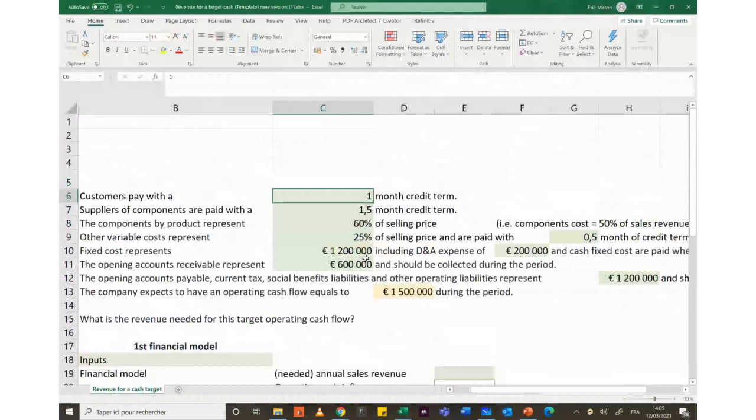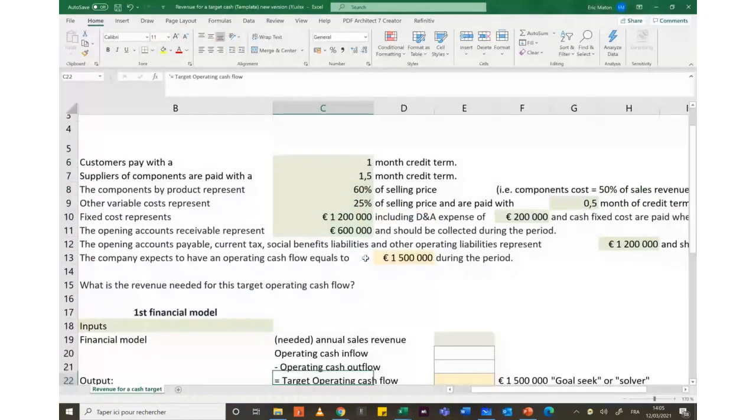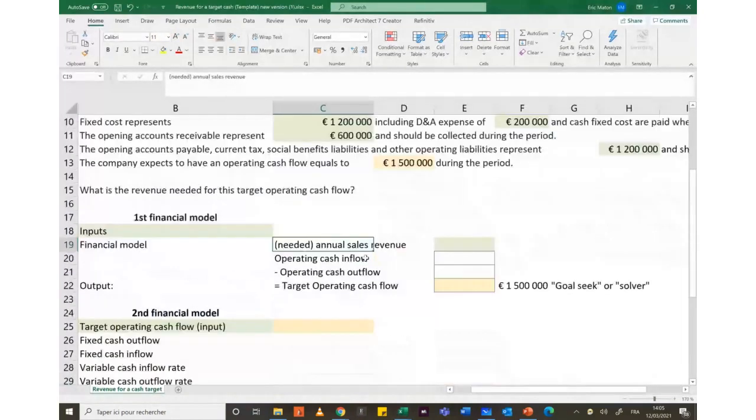So first financial model, we put a revenue and we put the operating cash inflow, operating cash outflow in function of the revenue or not. And we put the calculation of the operating cash flow, which is operating cash inflow minus operating cash outflow.